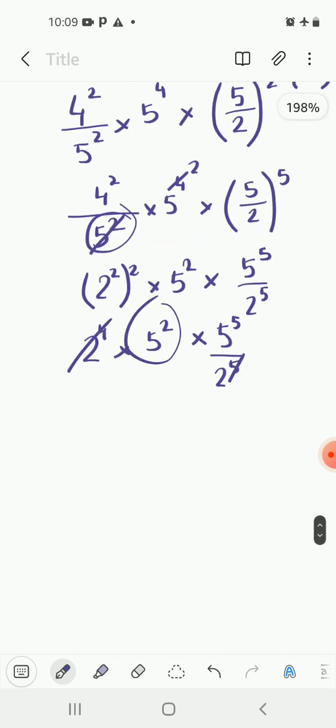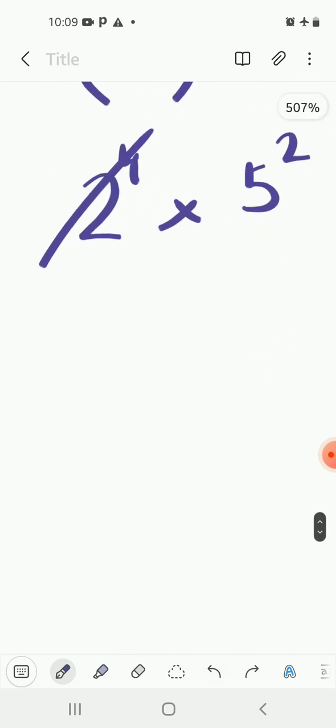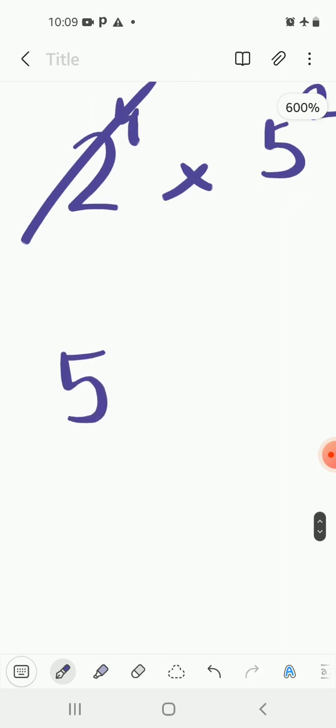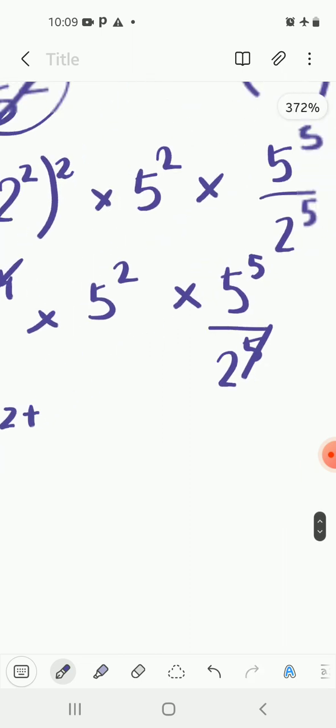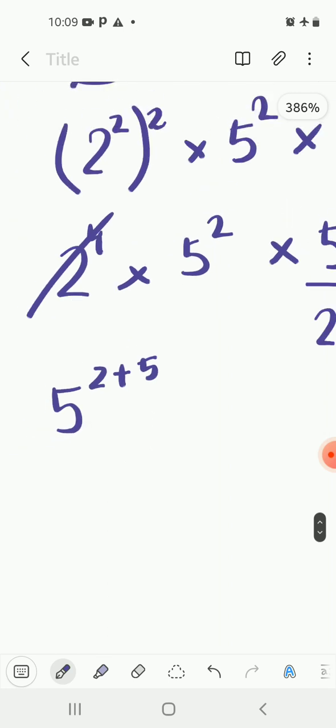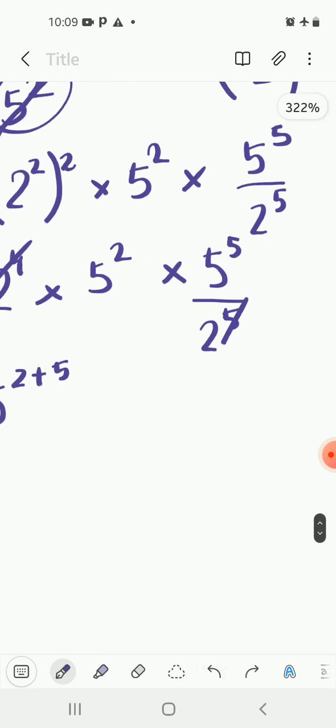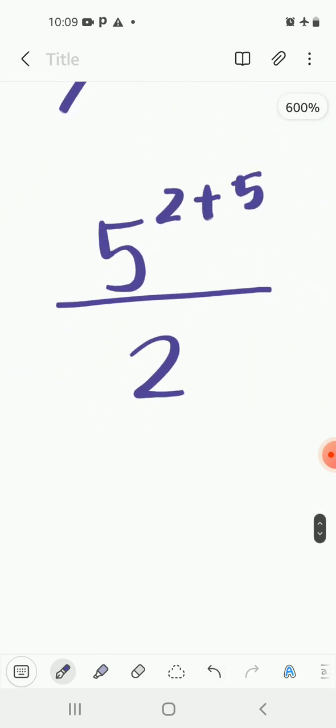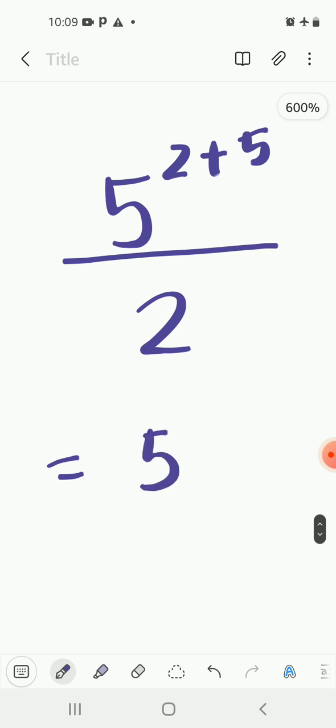And here there is 5 to the power 2 and 5 to the power 5, and there is a multiplication sign here, so add the powers. That is 5 to the power 2 plus 5, and here there is only 2 remaining. So my answer will be 5 to the power 5 plus 2, that is 7, by 2.